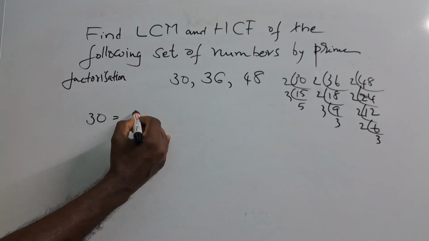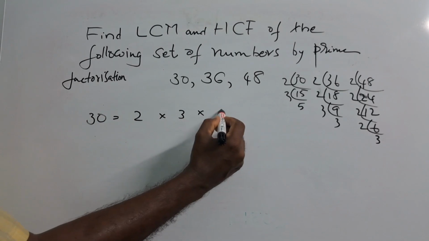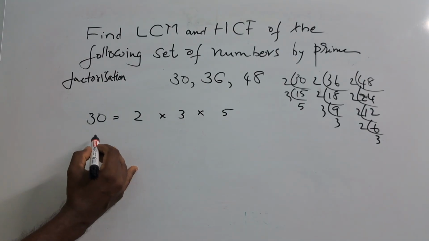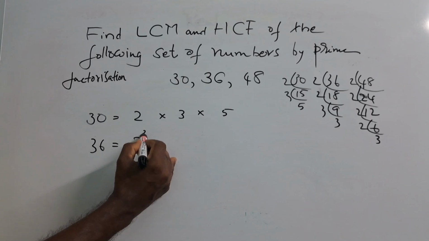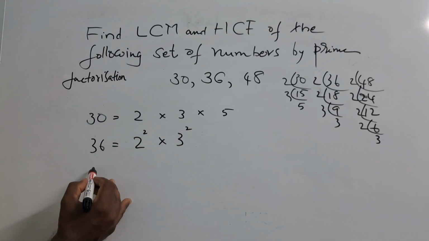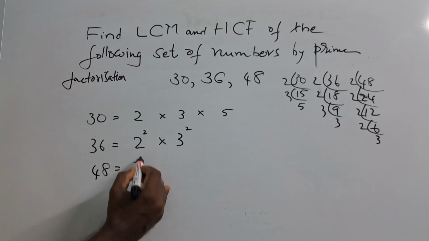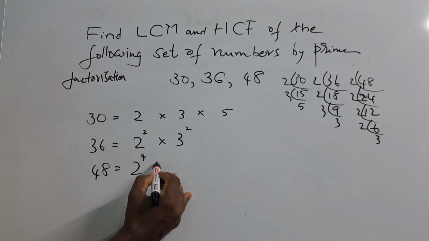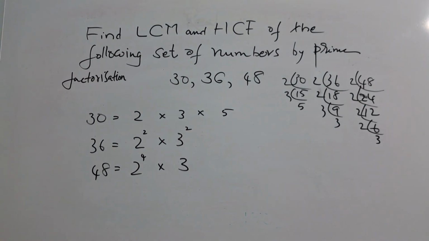These are the prime factorizations of the numbers. 30 is equal to 2 into 3 into 5. 36 is equal to 2 square into 3 square. 48 is equal to 2 raised to 4 into 3.